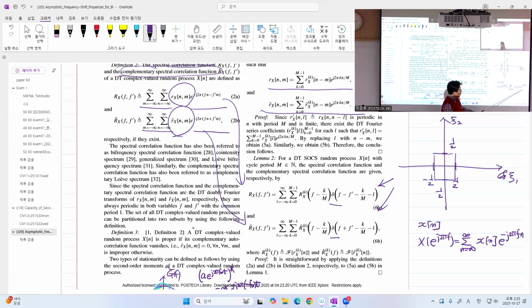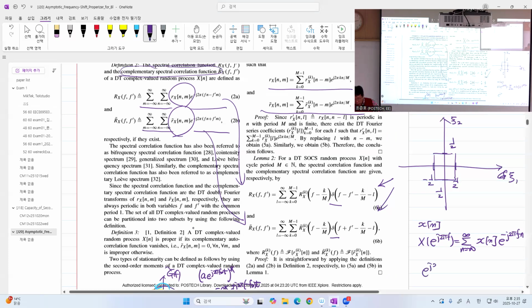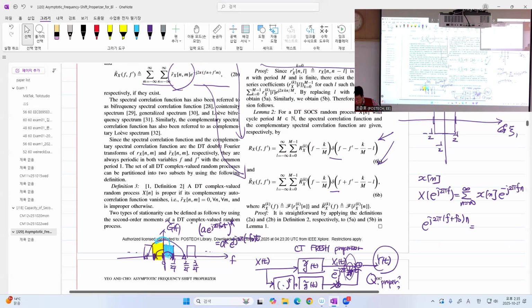And here, the complex conjugate of e to the j 2 pi f n, and e to the j 2 pi (f plus some f0) n, equals e to the j 2 pi f n if f0 is any integer.